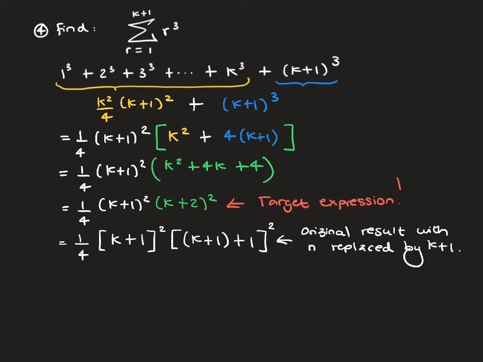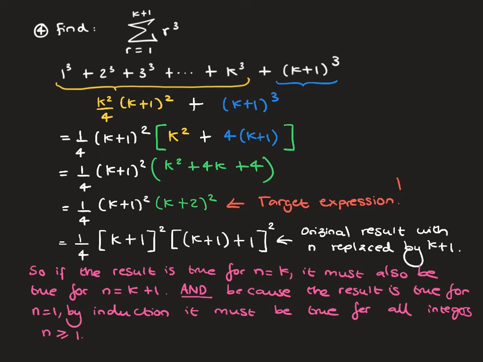So we've completed our proof, and we just need to write down our concluding statement. So if the result is true for n equals k, it must also be true for n equals k plus 1. And because the result is true for n equals 1, by induction, very crucial to include that, it must be true for all integers n greater than or equal to 1.